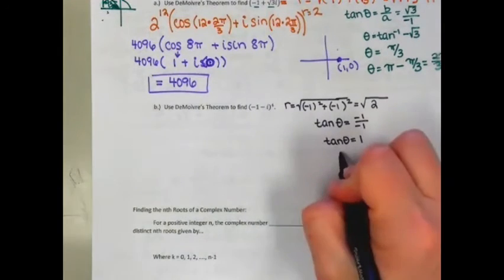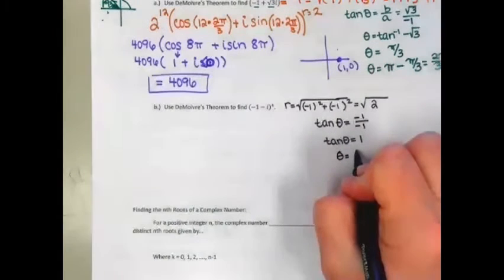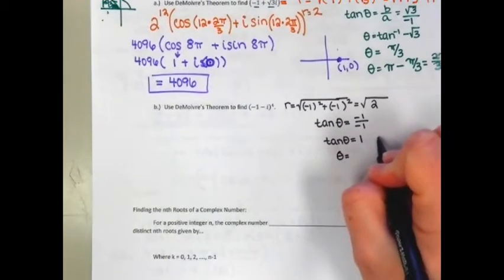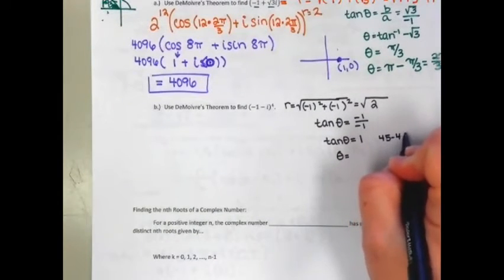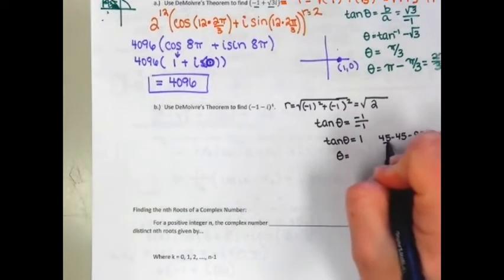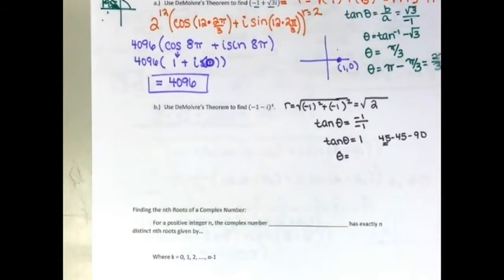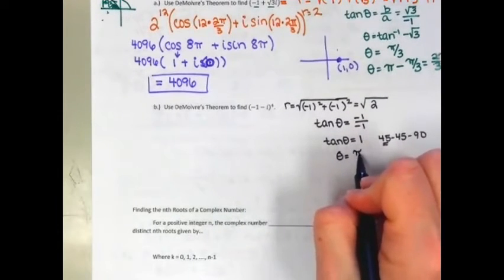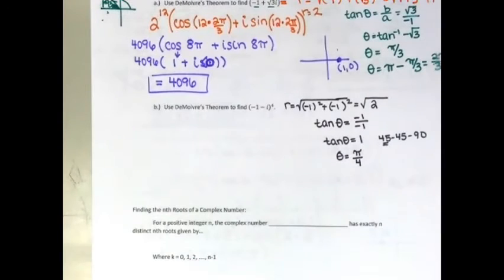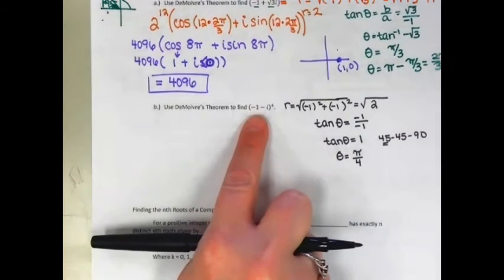So what is that in radians? The 45 is what in radians? Pi over 4. Okay. Now, are we going to use pi over 4? I don't know. What quadrant are we in?